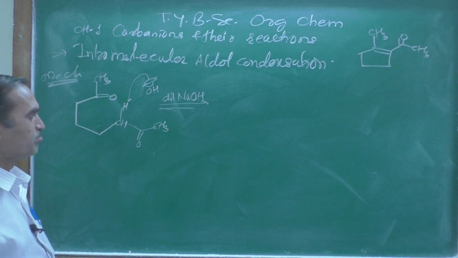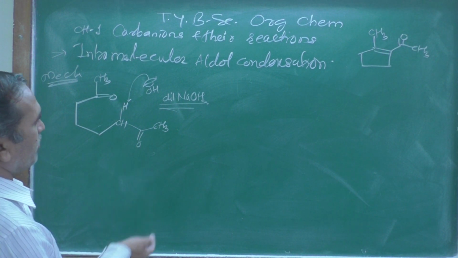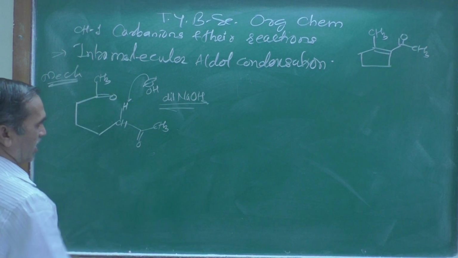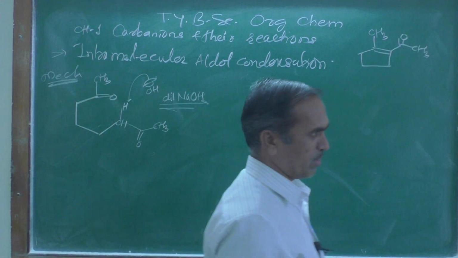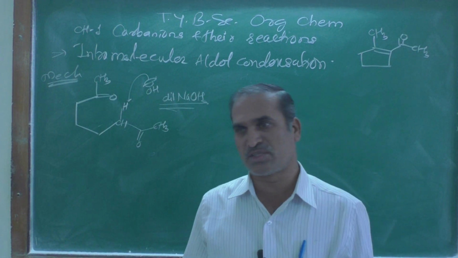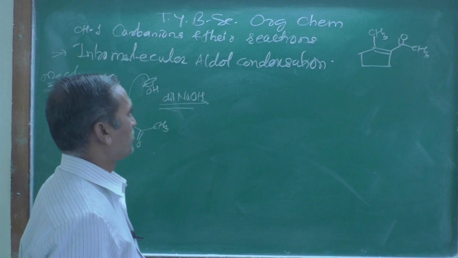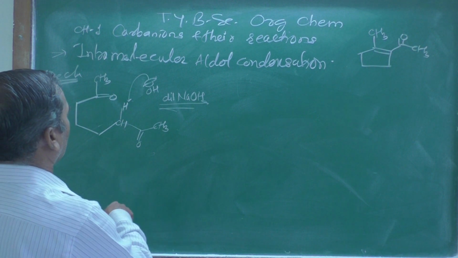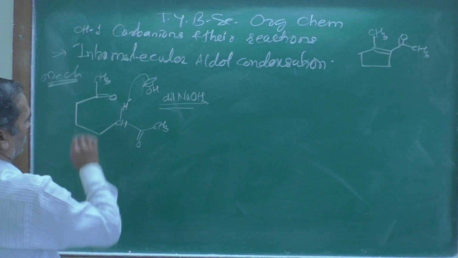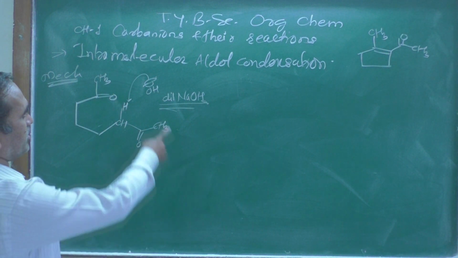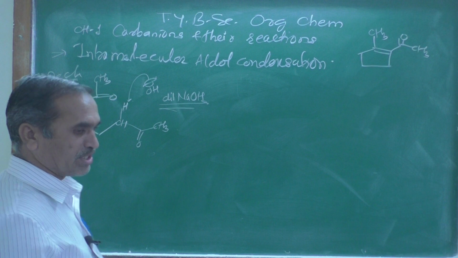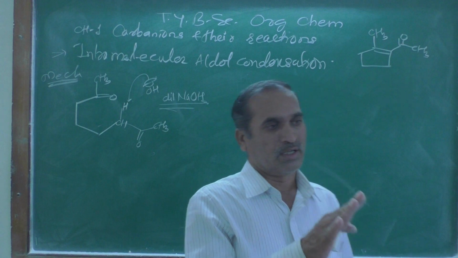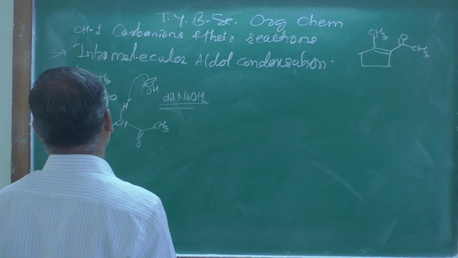This one is more acidic, but the driving force here is formation of a ring. Abstracting the other proton would form an 8 membered ring, which according to Baeyer strain theory is very unstable. Therefore this proton is abstracted by the base, so that the resulting compound is a 5 membered ring, which is stable according to Baeyer strain theory.